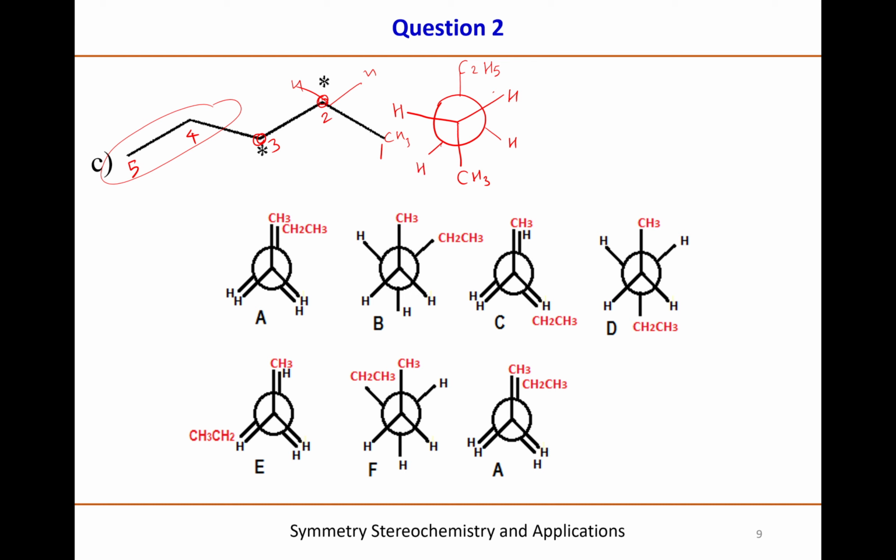This is staggered. Now we have to write the eclipse form. How will you write the eclipse form? Just keep one carbon as it is and rotate the other carbon by 60 degrees. You can rotate either carbon. You can rotate the first carbon by keeping the backside carbon as it is, or you can rotate the backside carbon by keeping the first carbon as it is.